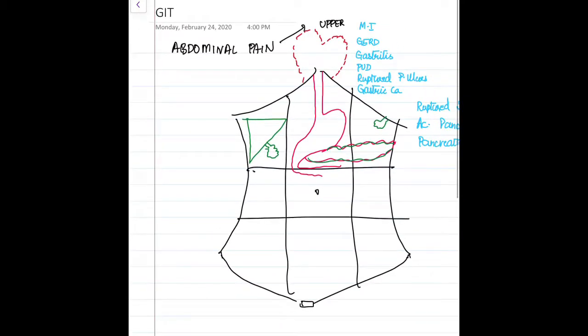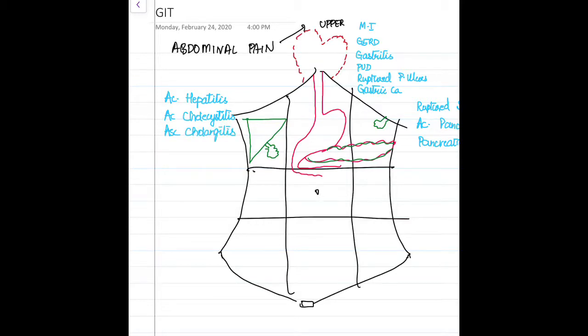Here we have acute hepatitis, which is most commonly caused by hepatitis A in developing countries. And then we have acute cholecystitis, and then we have ascending cholangitis.